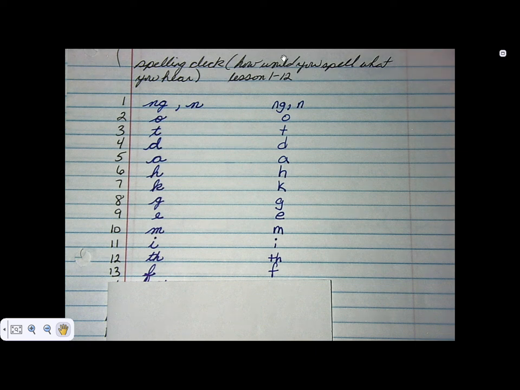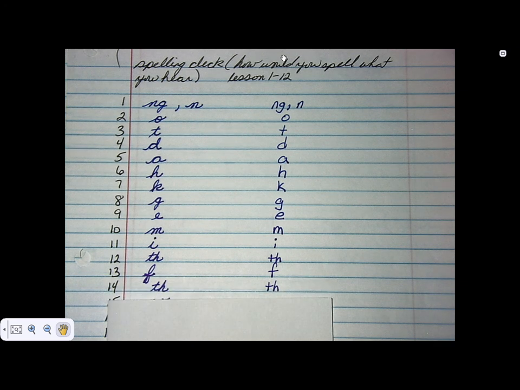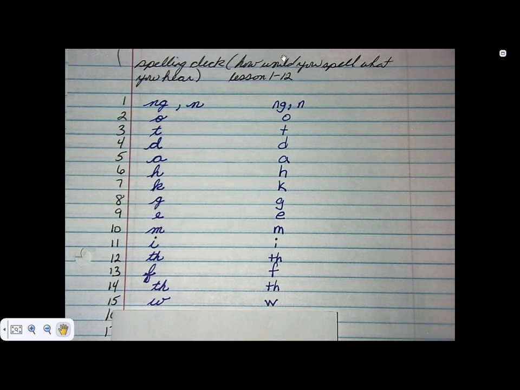Next, the sound as in mother. TH. Next, W as in wagon. W. Next, V as in violin.